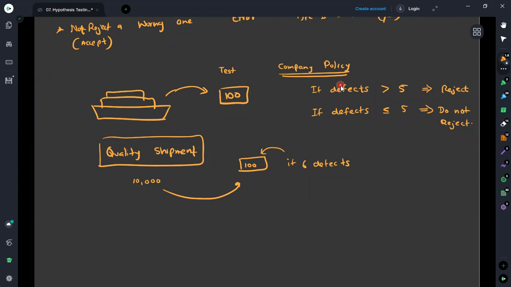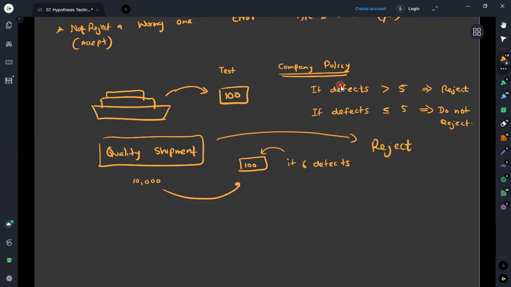If these are the 6 defects that they have found in the sample, what they have to do is reject. Even though it is a quality shipment, say up to 5% of it can be considered defective ones, and the other 95% would be good ones. But unfortunately, in these 100 items, they have found 6 defects. Therefore, according to the company policy, they have to reject the entire shipment.